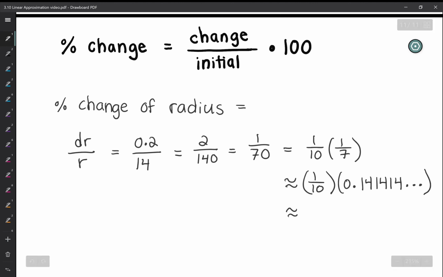So that is approximately 0.014. So we have about a 1.4% change.